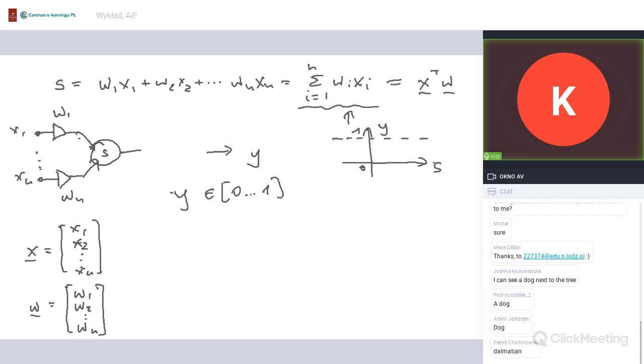So this will be a function that I will name f sub s, and this f sub s will be called the activation function, or the neuron's activation function. And here there are many ideas on what activation function could be used. So let's begin with the simplest one.